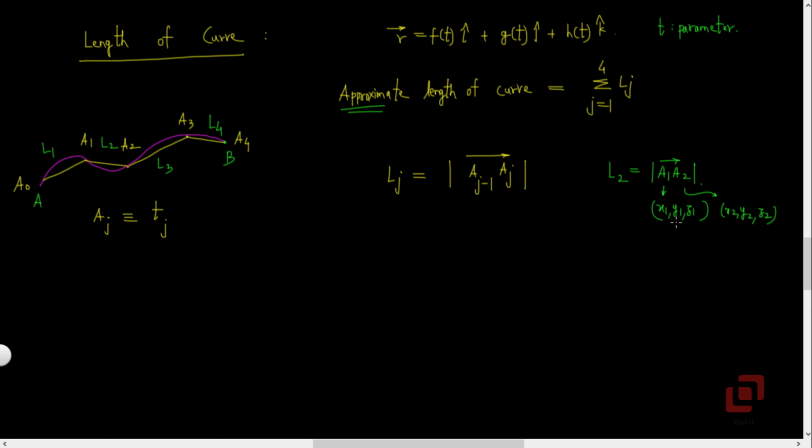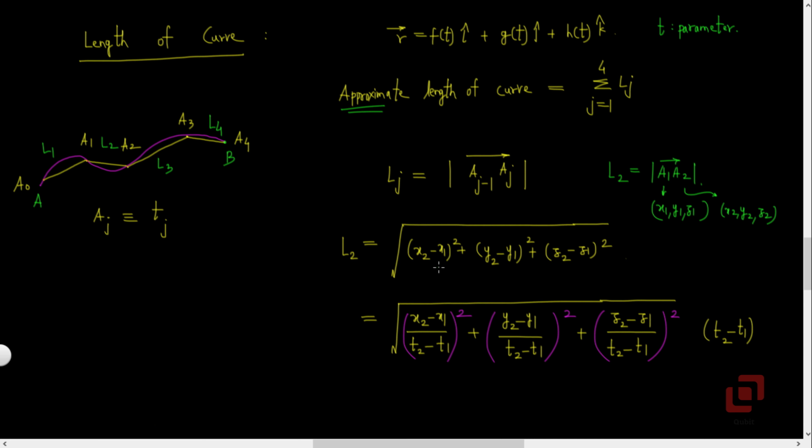then the magnitude can be calculated by the distance formula, which will give us L2 as the root of (x2 − x1)² + (y2 − y1)² + (z2 − z1)². You might be knowing this formula already. We are now going to perform a very crucial step here. We are going to multiply and divide L2 by the expression T2 − T1.